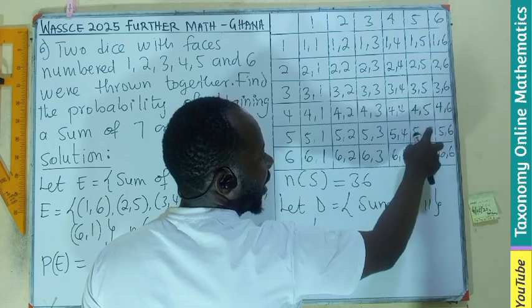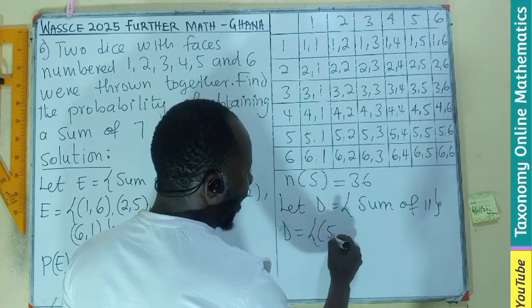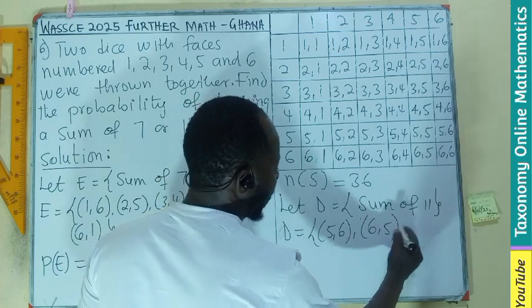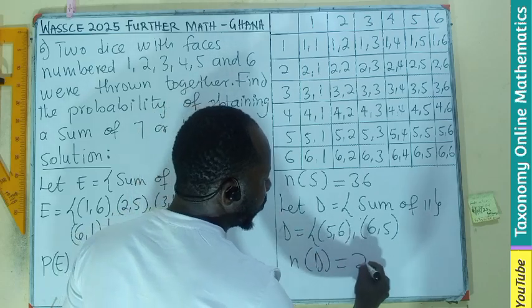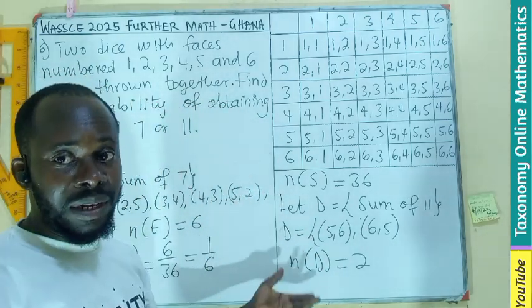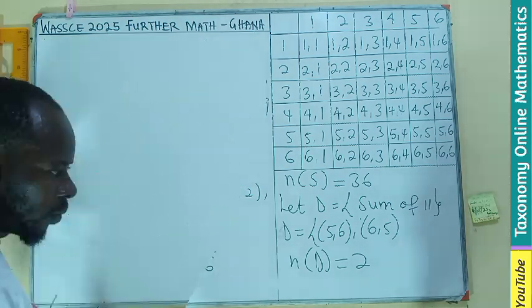This is 10, 10, 9. So I have only the set (5, 6) and the set (6, 5). So the number of D is also going to be 2. What is next? I need to find the probability of D, then add them together.